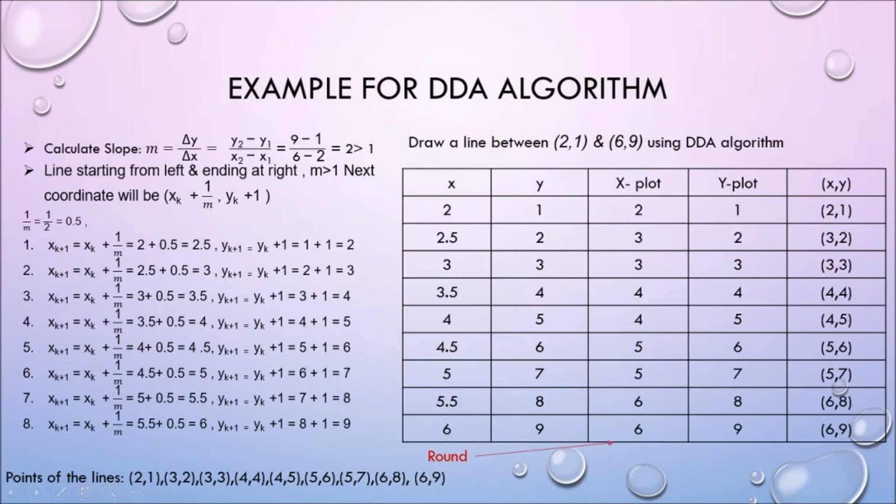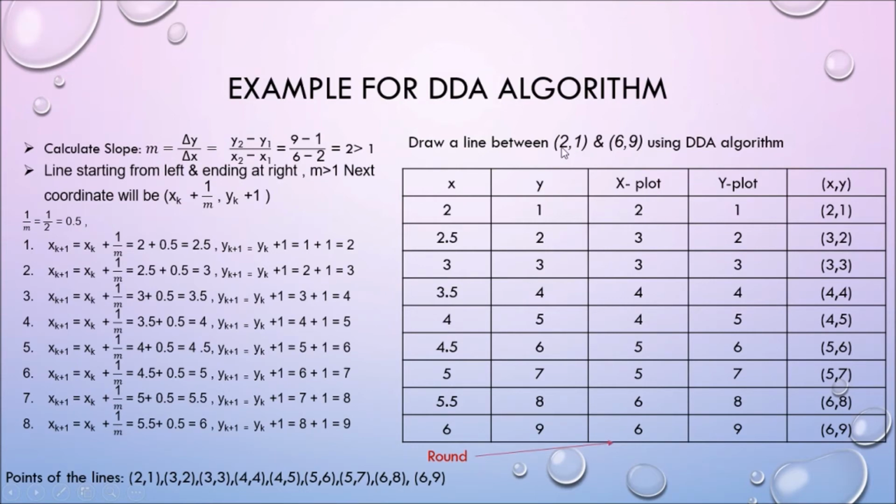Now let's see an example for DDA algorithm. Draw a line between 2, 1 and 6, 9 using DDA algorithm. First of all, we need to find the value of slope. We know the formula and we put these values in the formula and find the value of slope, which is 2 and more than 1. Now we need to identify the type of line.